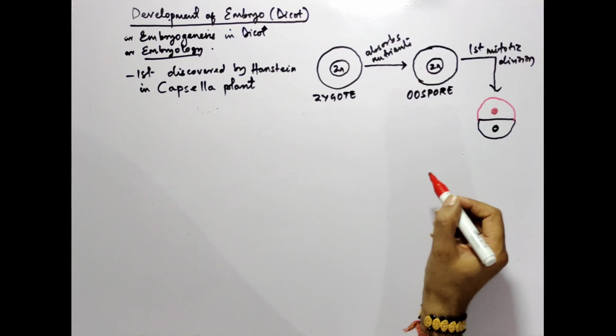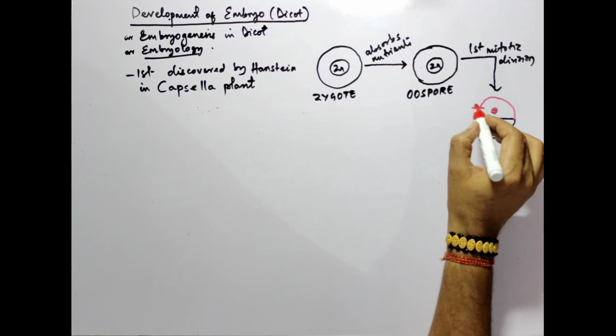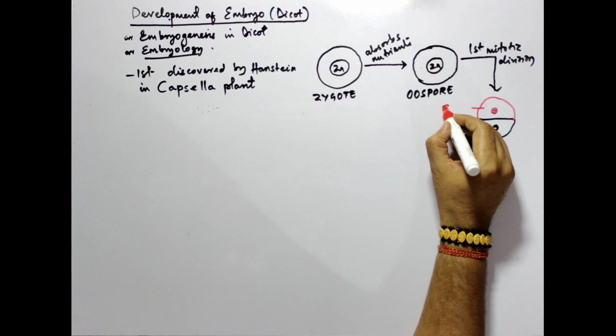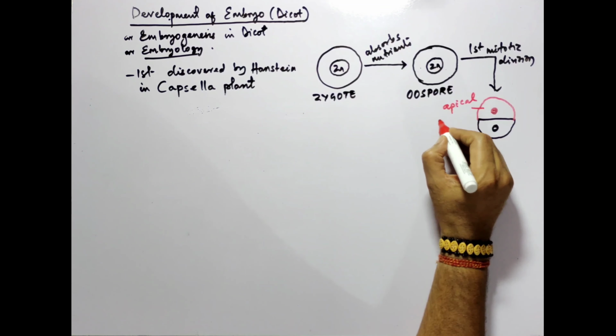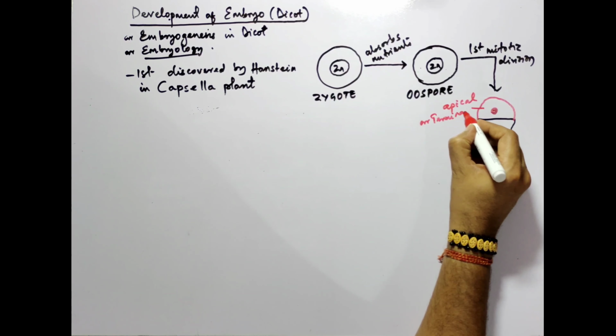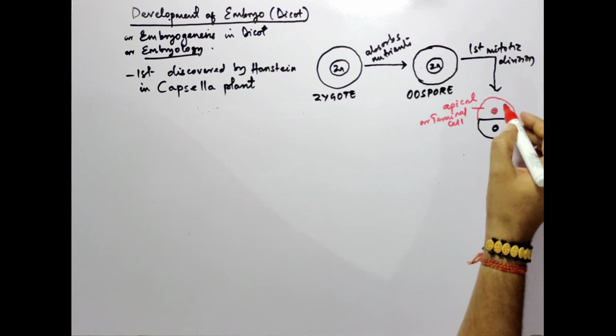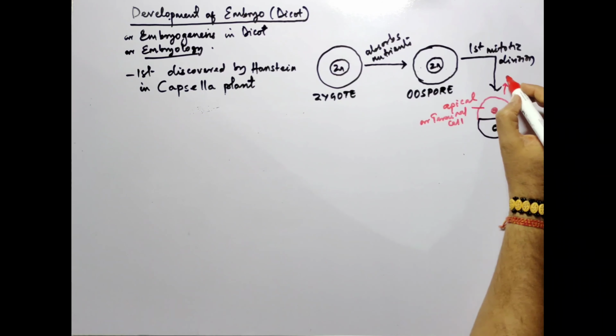This upper cell, red in color, is called the apical or terminal cell, which faces towards the chalazal end.